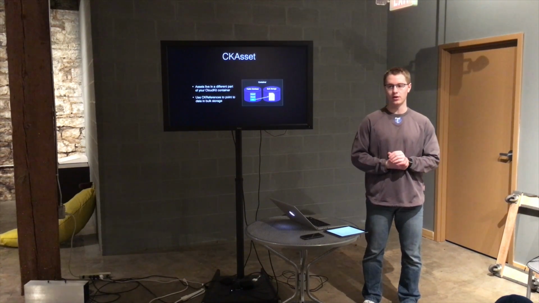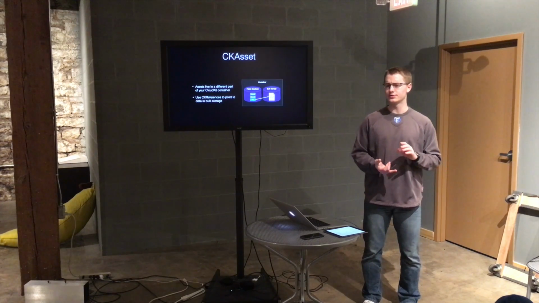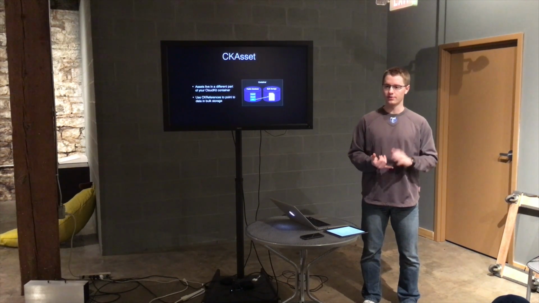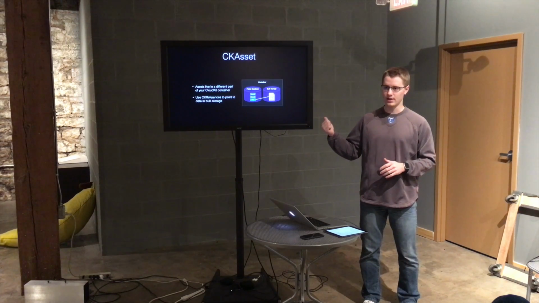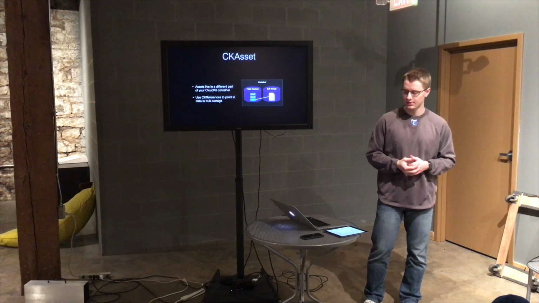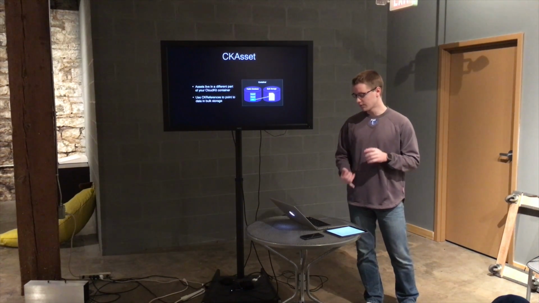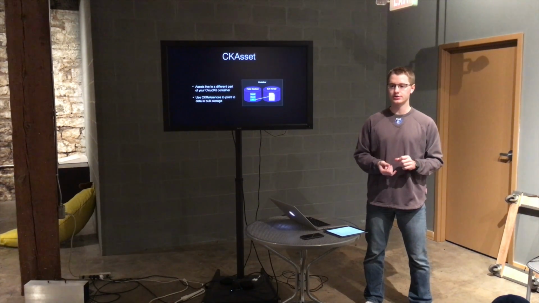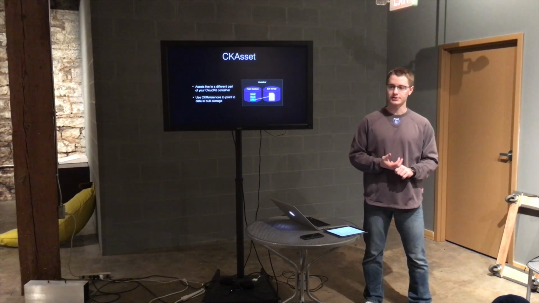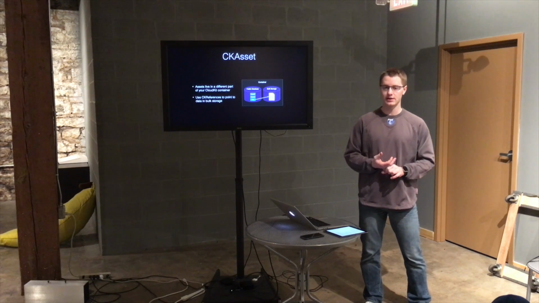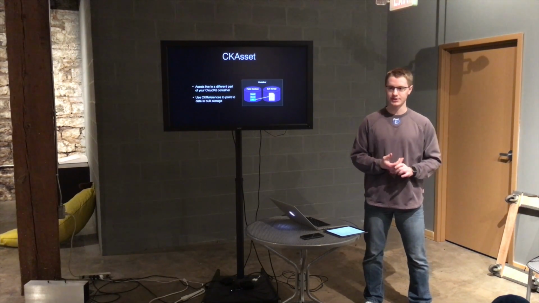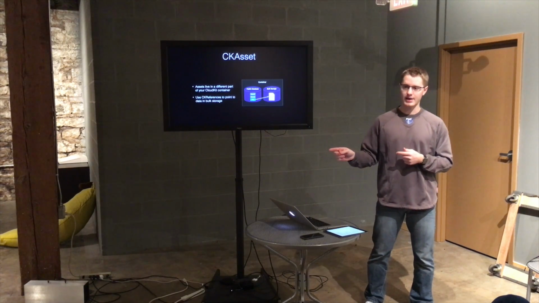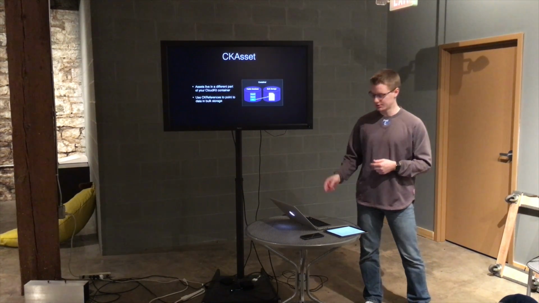Any of your photos, videos, any sort of binary information or files would get stored in the bulk storage. The way that you would get access to that is you would store a reference to that CKAsset in your CKRecord. So the CKRecord would point to the asset in bulk storage.